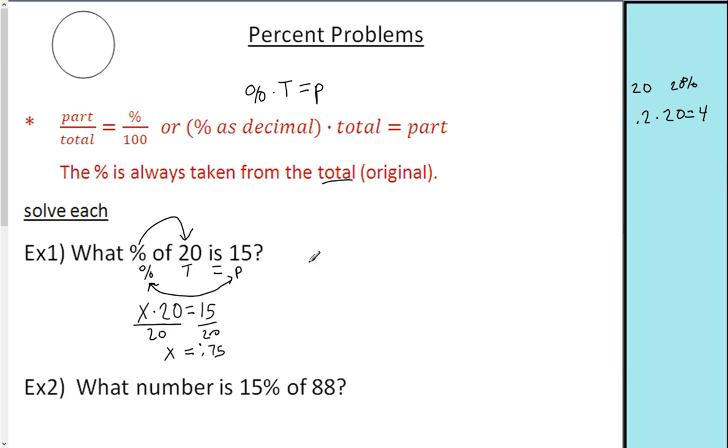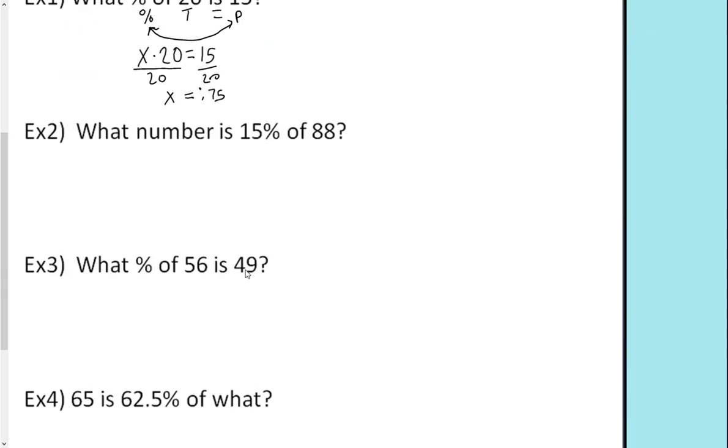So x is 0.75, so what percent is that? Well, 0.75 is equivalent to 75%. Got it? Percent times the total equals the part. It's one of the easiest formulas to memorize, but very useful.